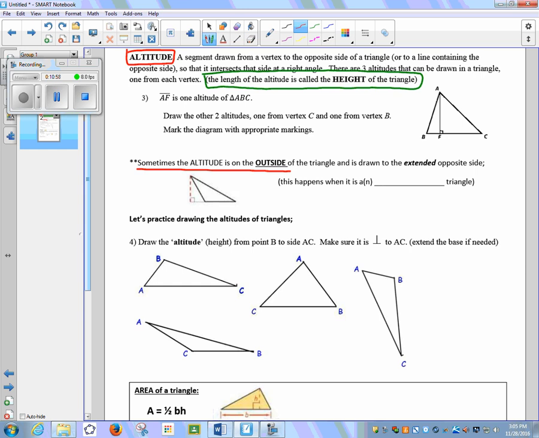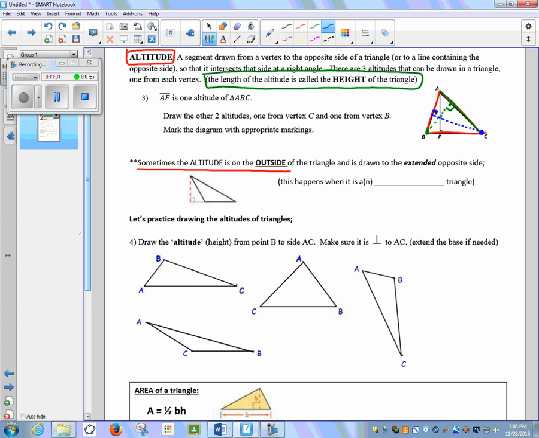If you look at the first triangle we have here, one altitude is drawn. If we draw the other 2 altitudes, you're going to go from B to AC perpendicularly. Now, careful, we're not going to a midpoint or anything. We have to actually make a right angle, which is sometimes hard to do. It's a little tricky. The third altitude goes from C straight down.